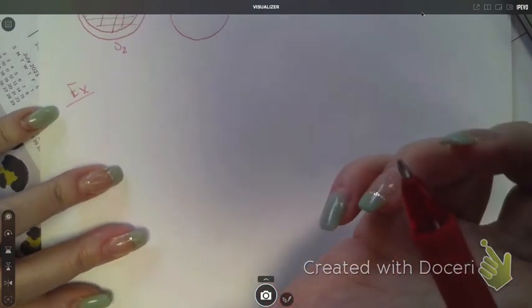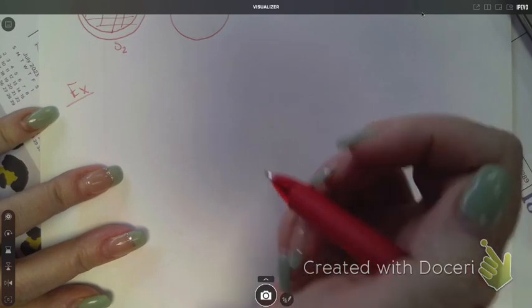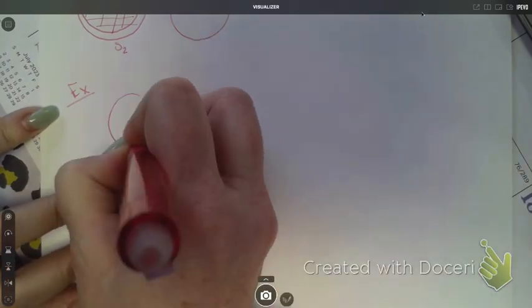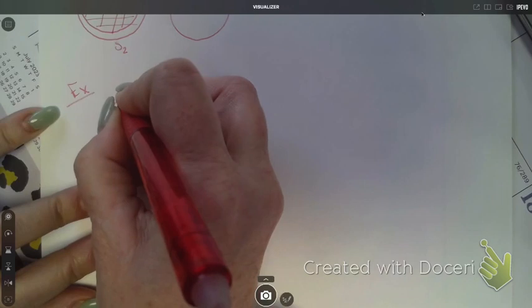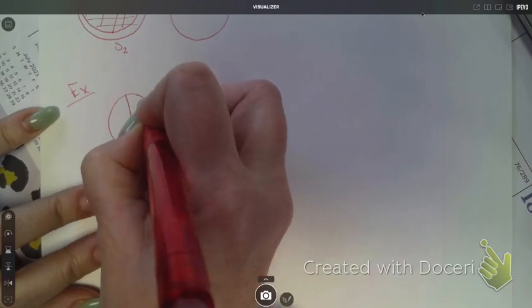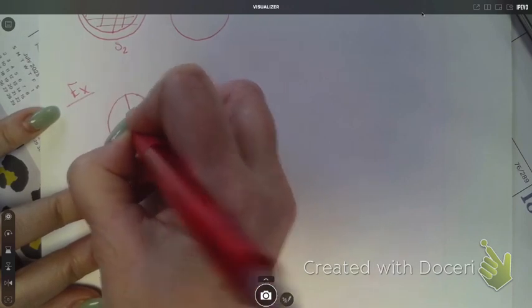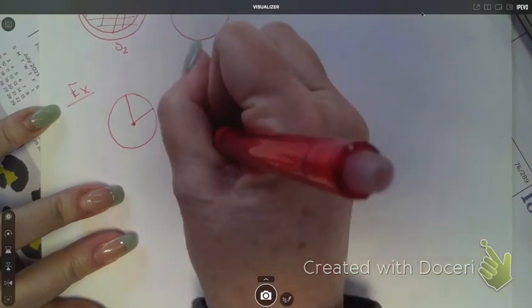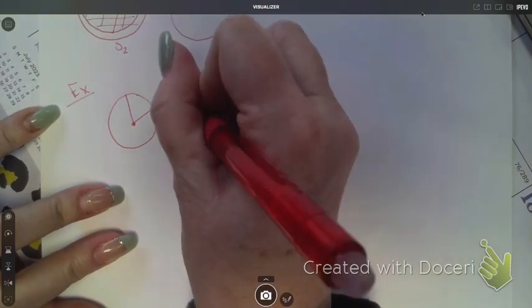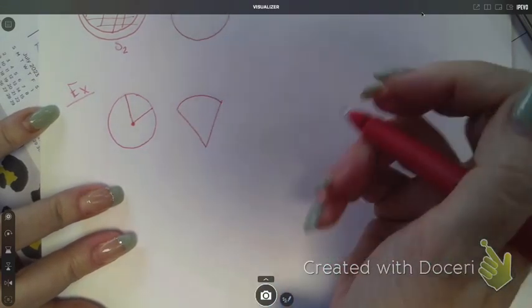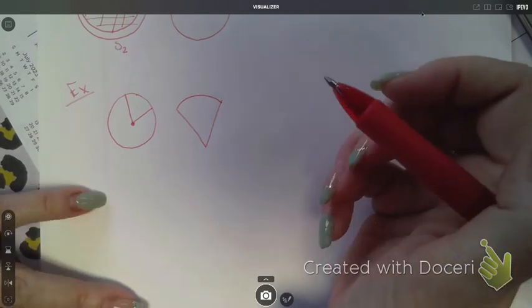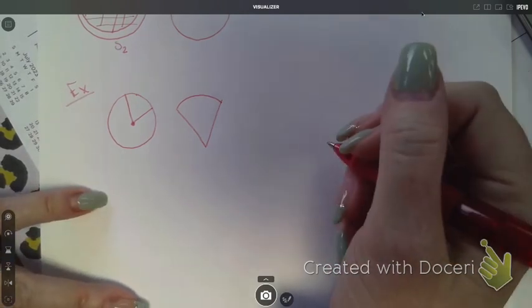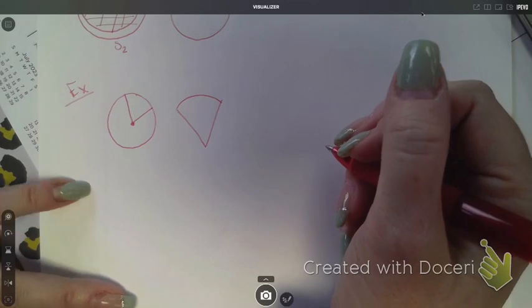Picture. What's your picture look like? A circle and a sector. Could have also just done this. Yep, either one.